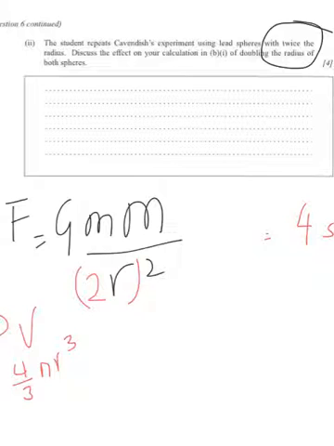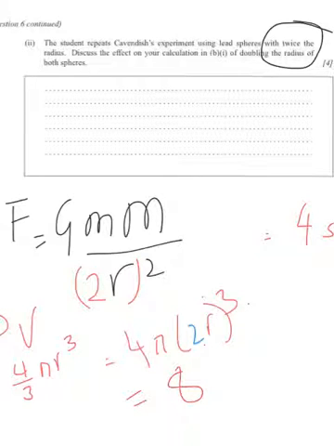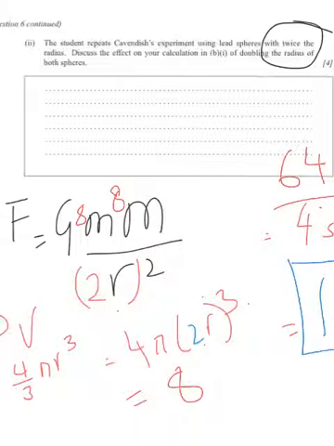So if we double that radius, what we end up with is a mass which is 8 times bigger, it's 2 to the power of 3. So 8 of one mass times 8 of the second mass, which again has double the radius. So you would end up with 64 times the mass product, and 4 times smaller because of the radius. So in the end, the final answer is 16 times bigger, right?